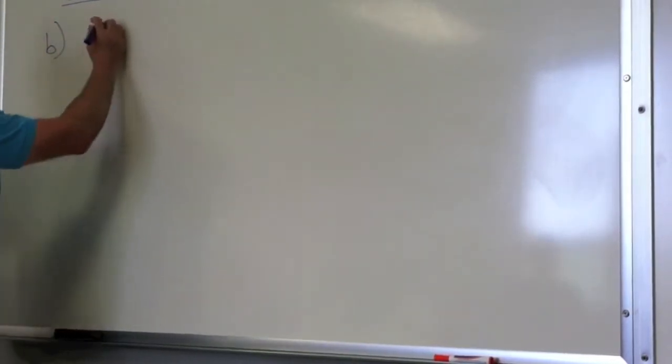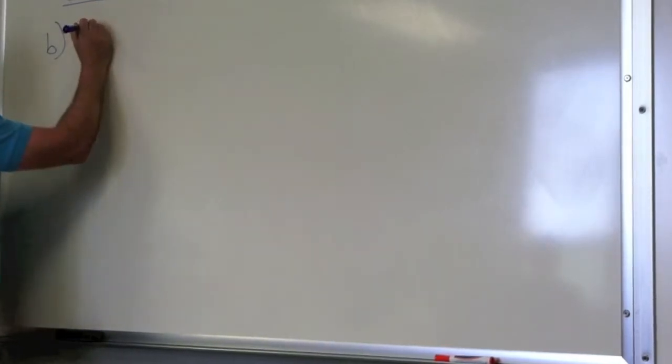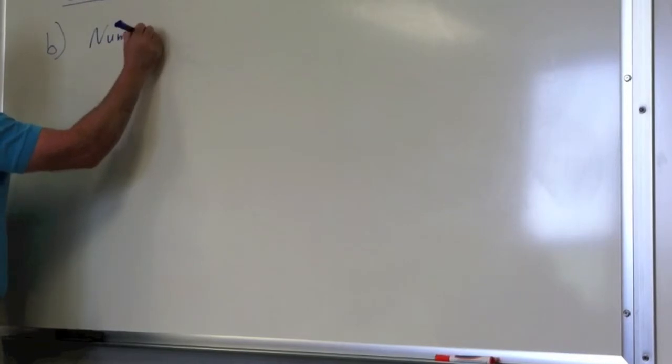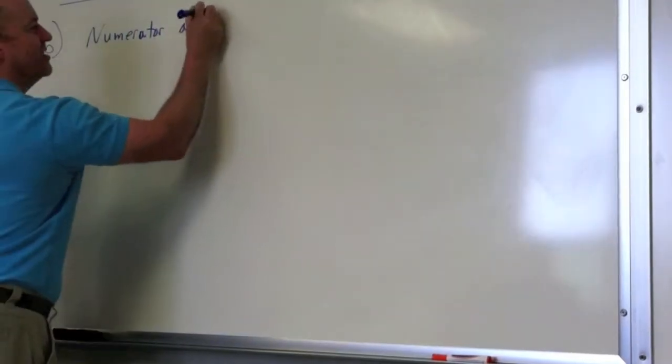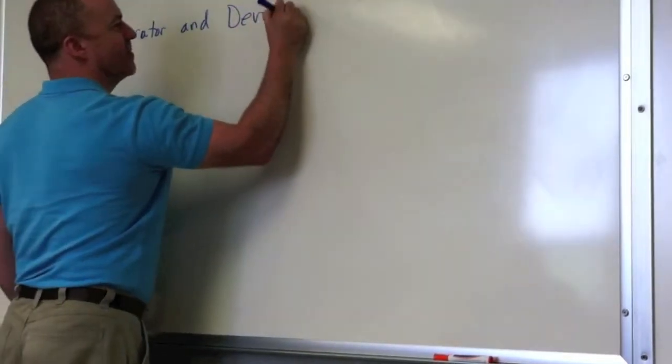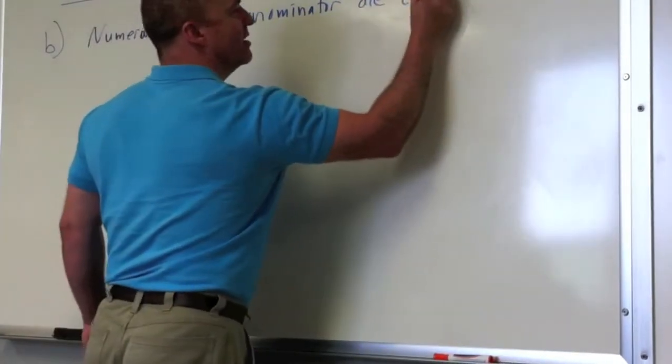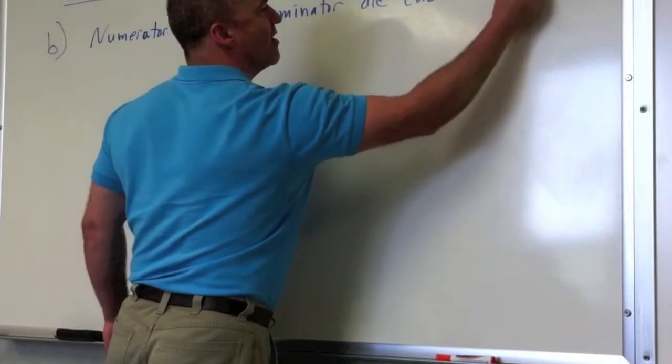Now we're still looking at horizontal asymptotes. B, if you're looking at a rational function and the numerator and denominator are the same degree.